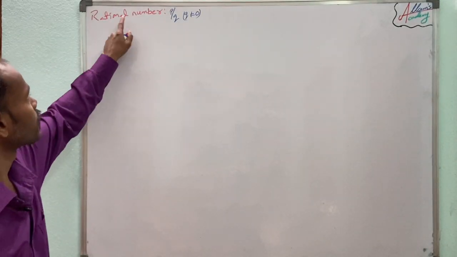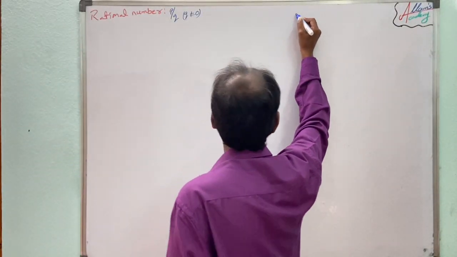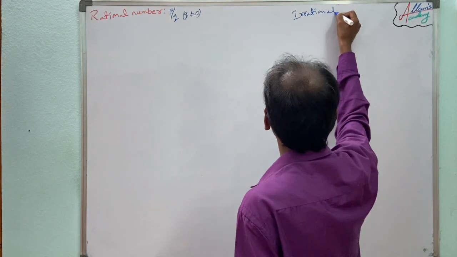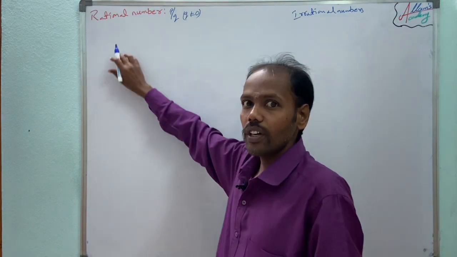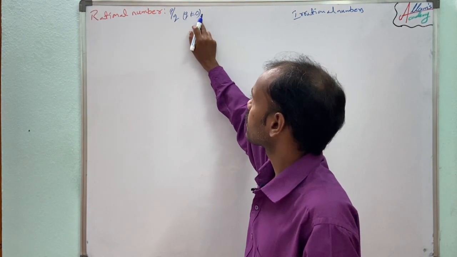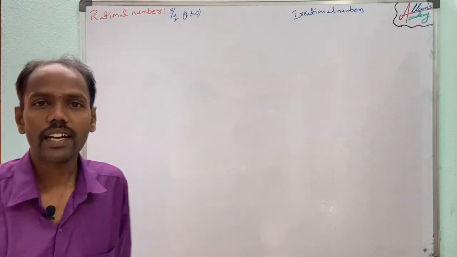Then those types of numbers are called rational numbers. Otherwise they are called irrational numbers. So a number expressed in p by q form with the denominator not equal to 0 is nothing but a rational number.